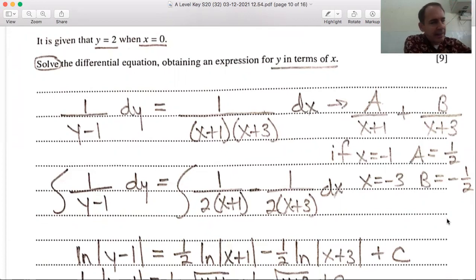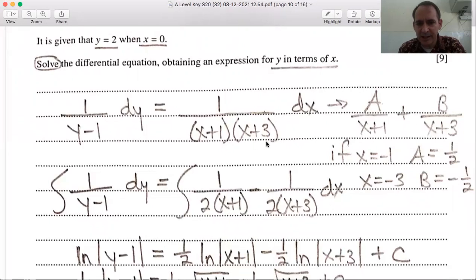So you recognize the x plus 1 and x plus 3 as being simple denominators. And then if x equals negative 1, which cancels this, if you multiply everything by x plus 1, cancels here, leaving a by itself, cancels the x plus 1, so you're just left with 1 over x plus 3.